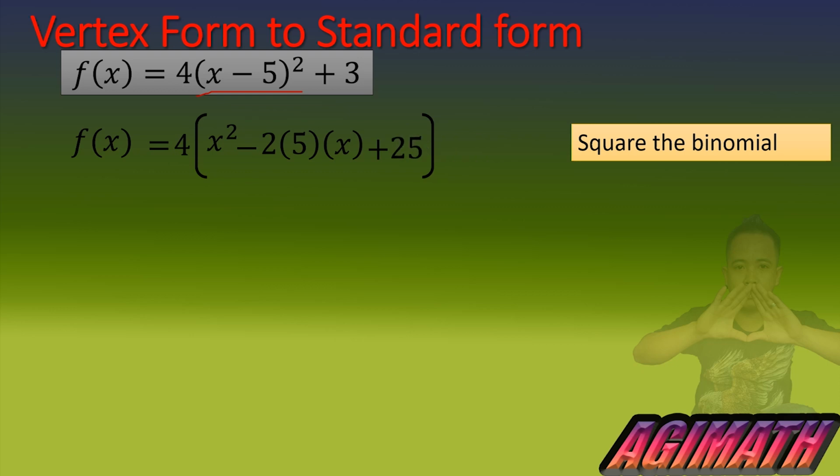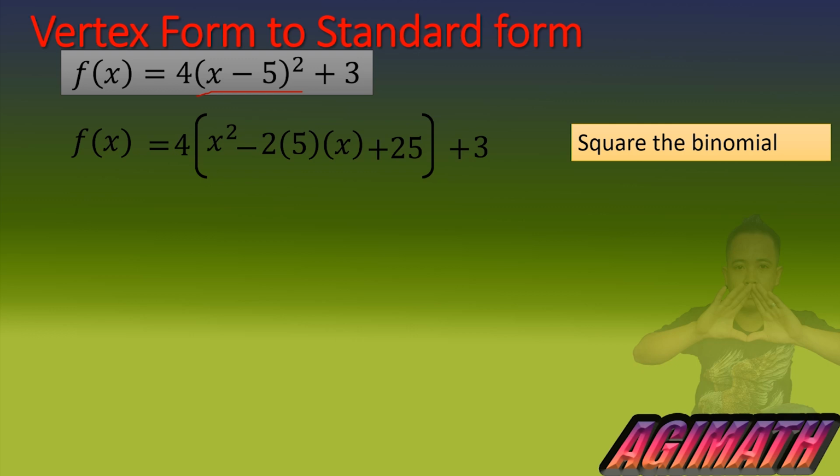So this is always positive. The first term is also always positive because we are squaring. Even if we square a negative, it will always be positive. The only difference between the two lies on this part, the sign of the middle term. And then copy the remaining term, plus 3, because it is being left alone. So we just copy it.